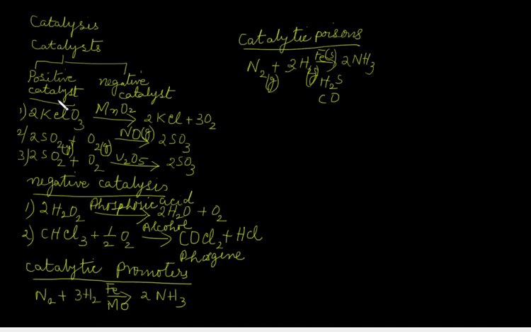So this classification into positive catalysis and negative catalysis is on the basis of whether the catalyst increases the rate of the reaction or decreases the rate of the reaction. We can classify catalysis on another basis. The basis is the physical state of reactants and that of catalyst.